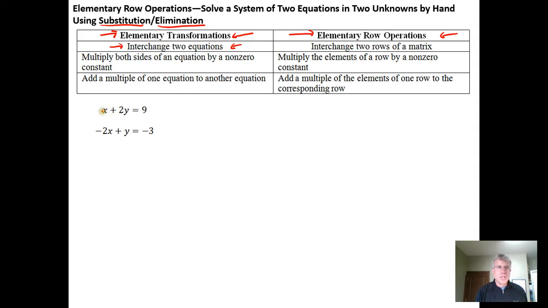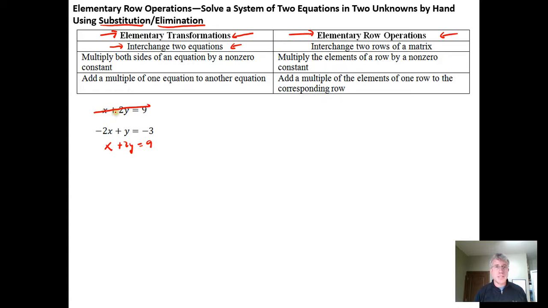In other words, if I have x plus 2y equals 9 and negative 2x plus y equals negative 3, there's no reason why I can't choose to write this equation second instead of first. In other words, I can exchange the order of those two equations, and the solution set, the intersection of the two lines, if it exists, should be the same as it was before I interchanged them.